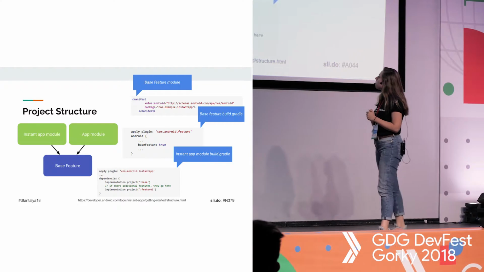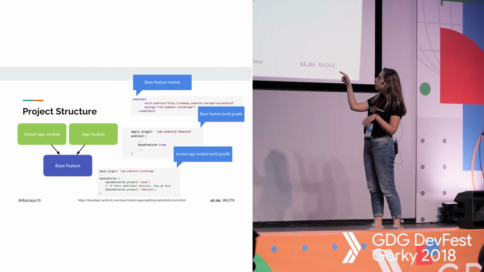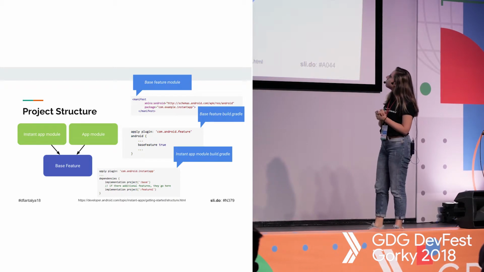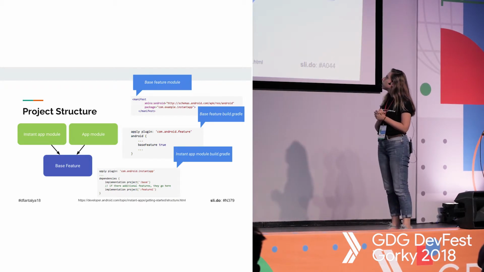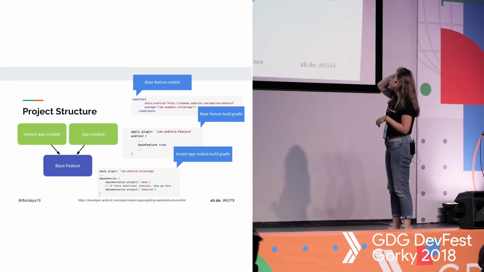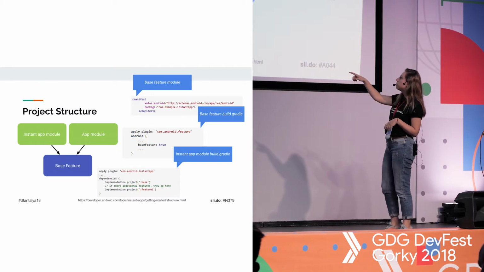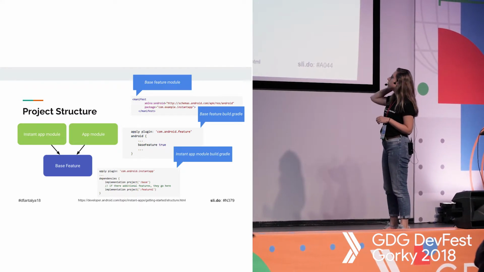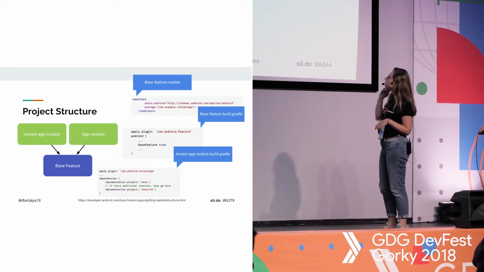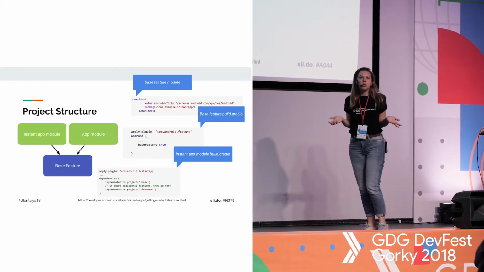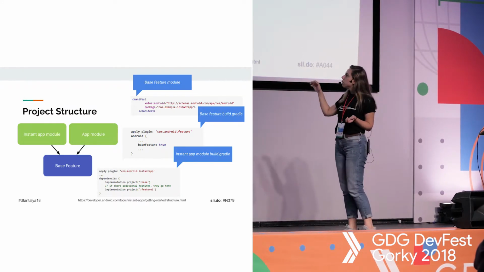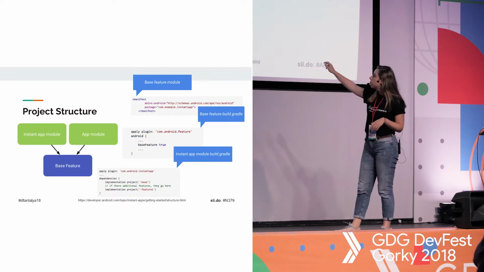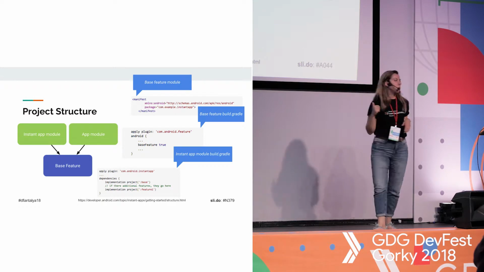In the base feature's build.gradle file, we should say its plugin will be feature, and if it's the base feature, we have to say base feature is true. And it's just like a library module, actually. We should implement it under dependencies in both the instant app and also the installed app.